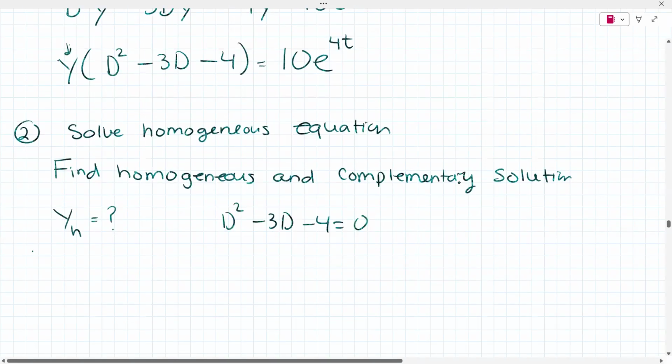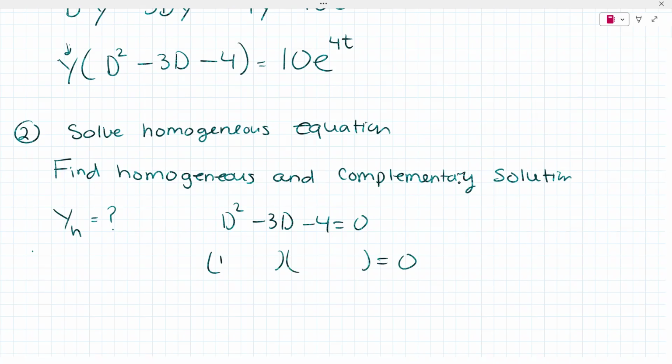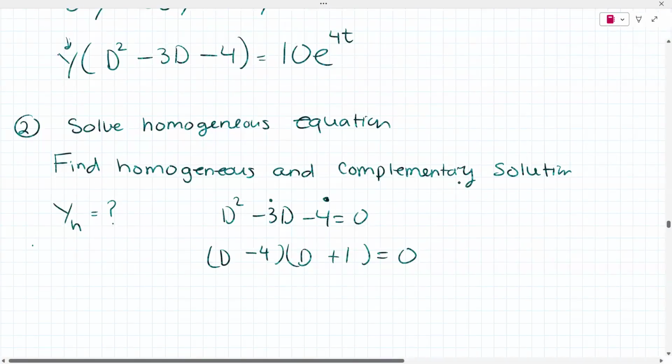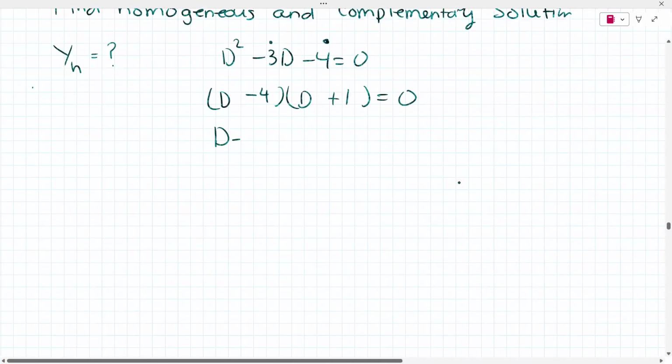Okay, now go ahead and solve for your D. So factor it out nicely. What two numbers multiply to -4 and, when added, give you -3? It would be -4 plus 1. And you get D equals 4, and then D equals -1.